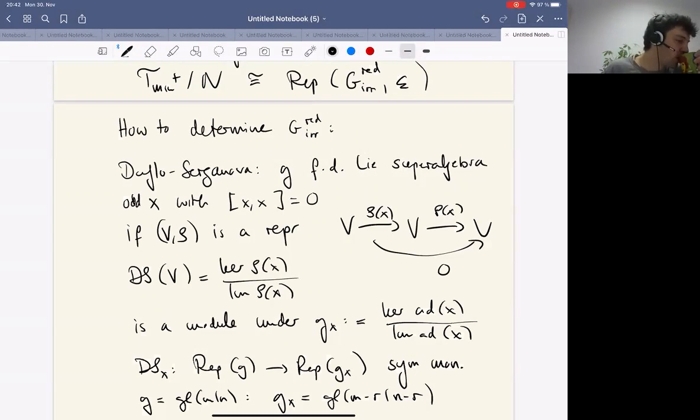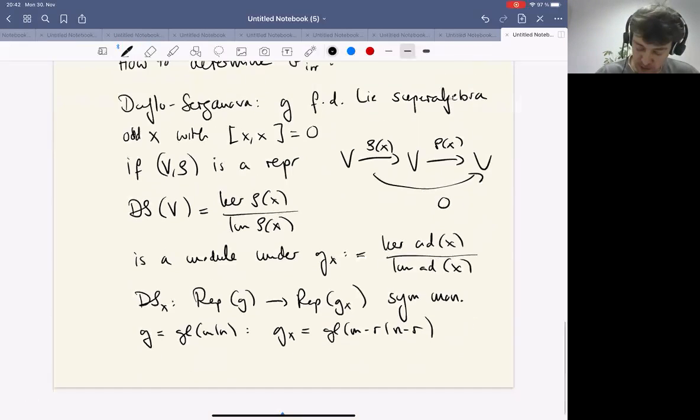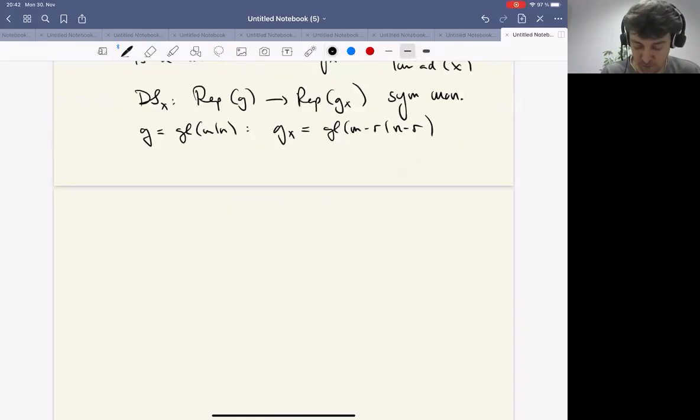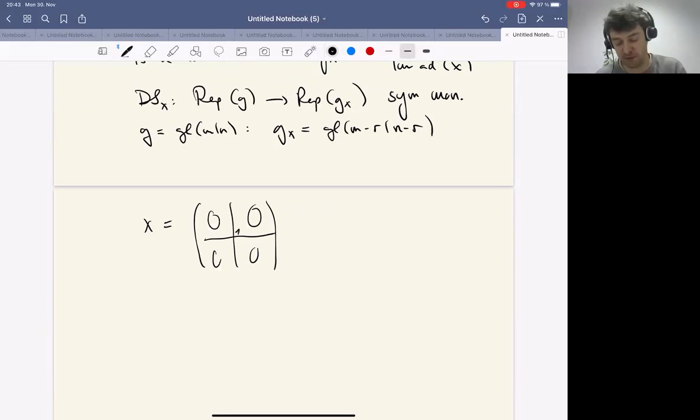I have a question. Are there particular chains of these stabilizers G_X that work your way all the way down, M minus 1, N minus 1, N minus 2, M minus 2, all the way down to? Right. So, for instance, here's an X that you could take. You have zeros everywhere, just a little 1 here. And this is one X that you could take.